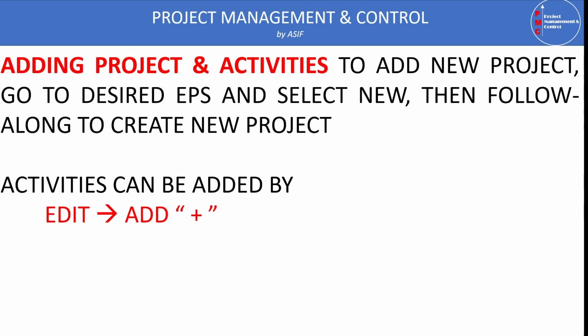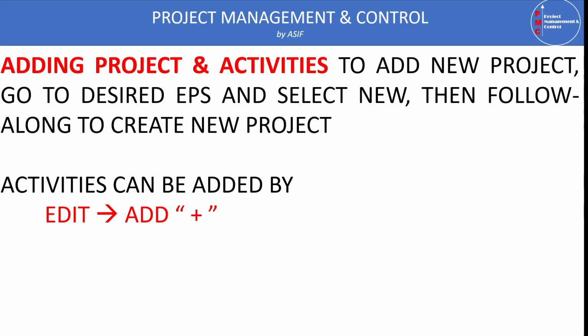For the time being, just ignore this and select next, next, next. Once your project is open, it will open in the activity window. In the activity window, you can see the edit button. Just click edit, and from the drop down, select add or the plus button to add new activities.